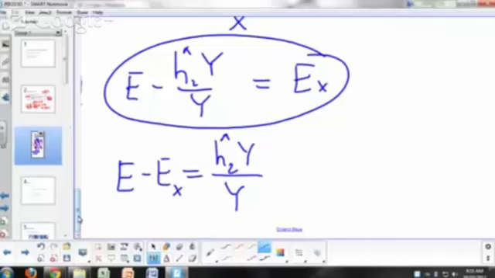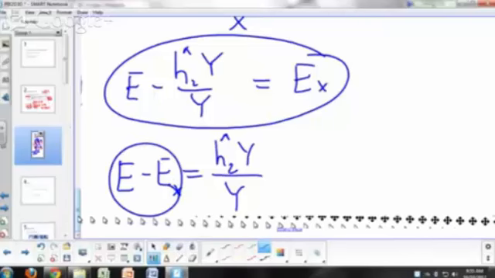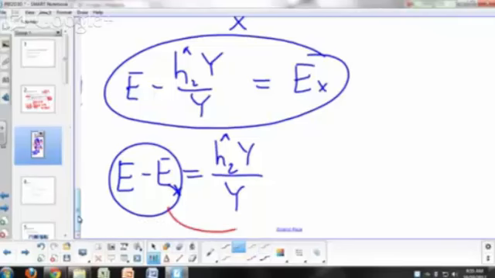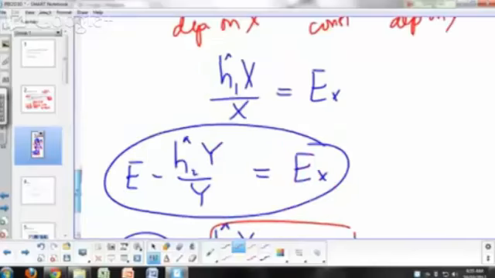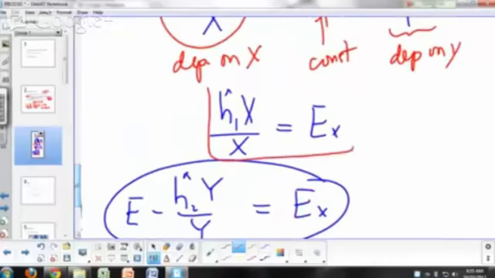But e is a constant, e sub x is a constant, so a constant minus a constant is just another constant. So I'm going to call this, what's a good name for this constant? E sub y. Good name for that constant, we're going to call that e sub y. So here's our simplified problem now.